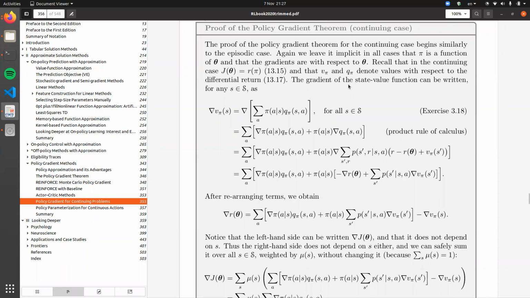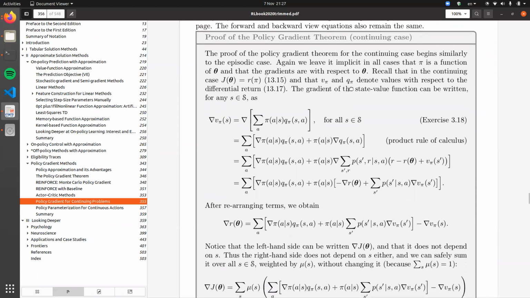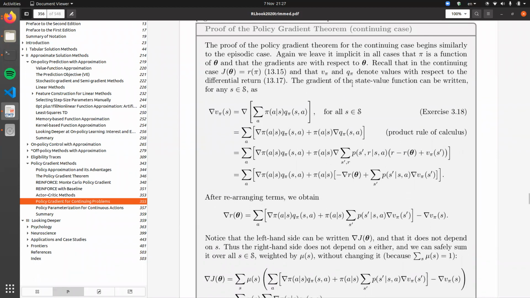You may remember that policy iteration is at the core of many algorithms we discussed, and it has some nice convergence guarantees.